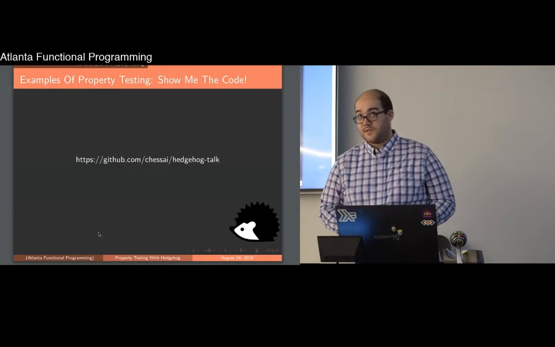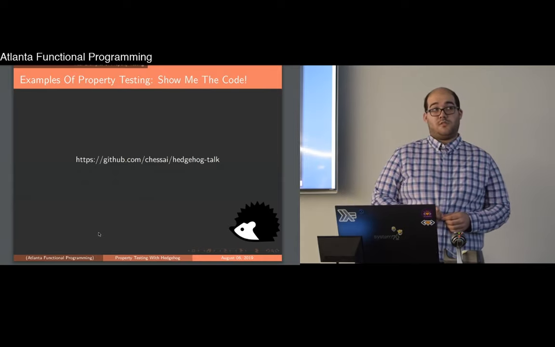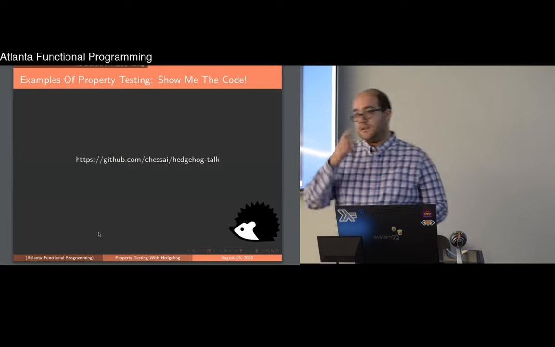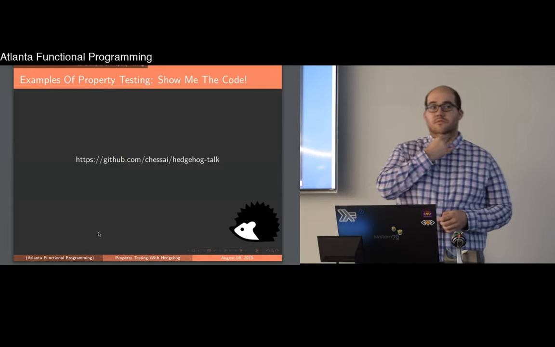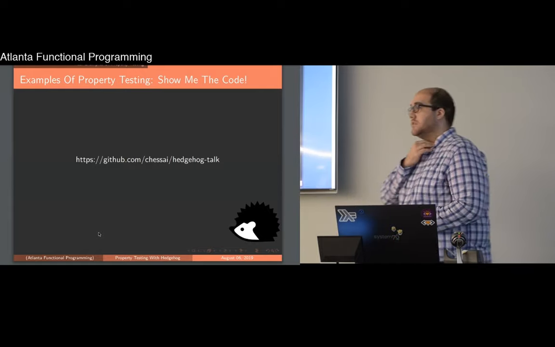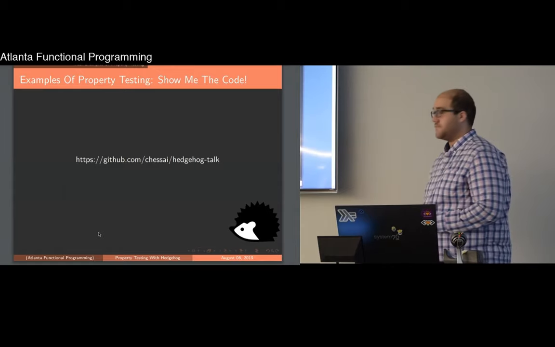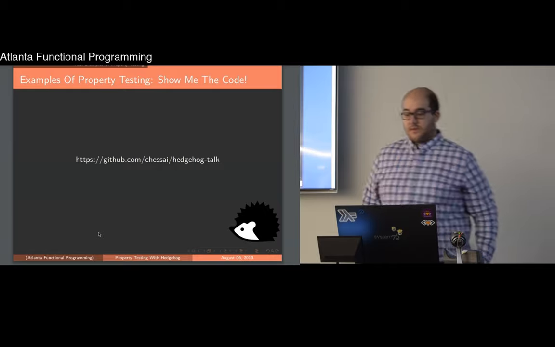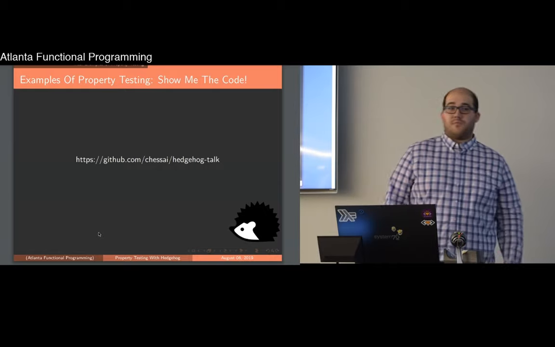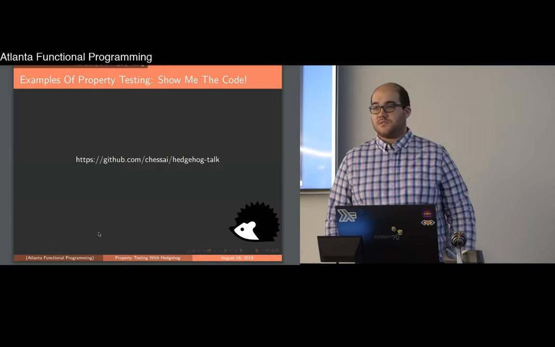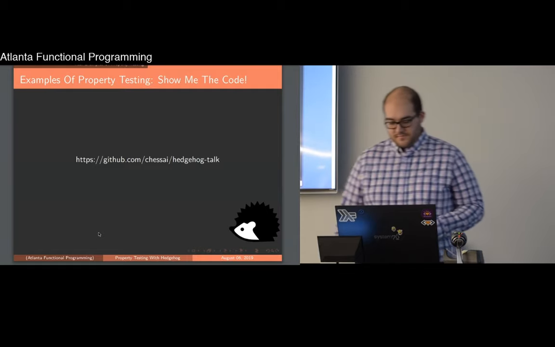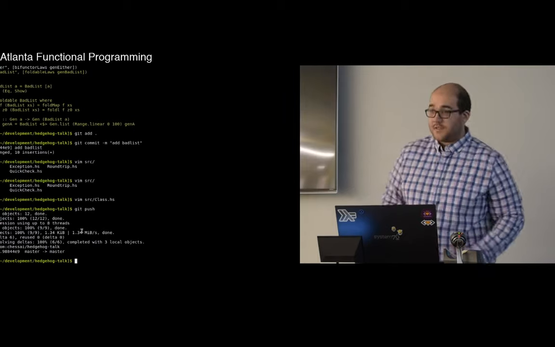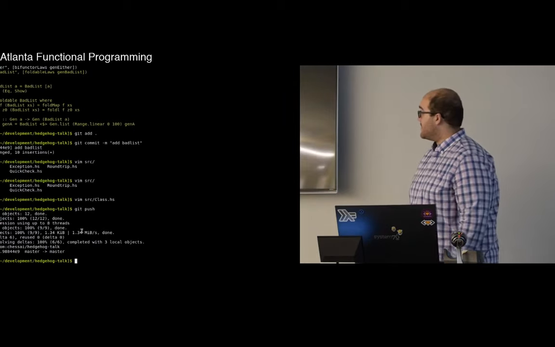If you're using a recent version of Cabal, you should be able to follow along just fine with cabal new-repl. And if you don't want to play around with the code yourself, you can always just look at it. I like to look at code. I think it looks nice.